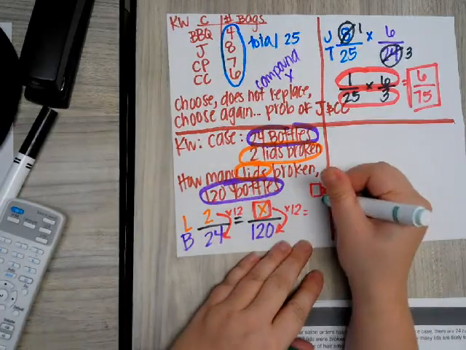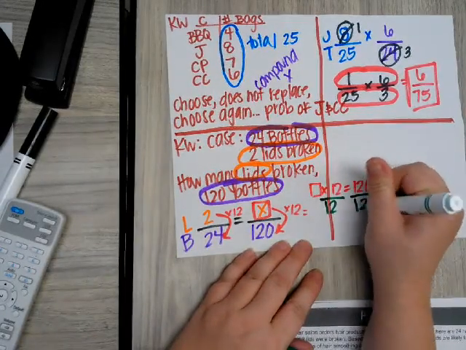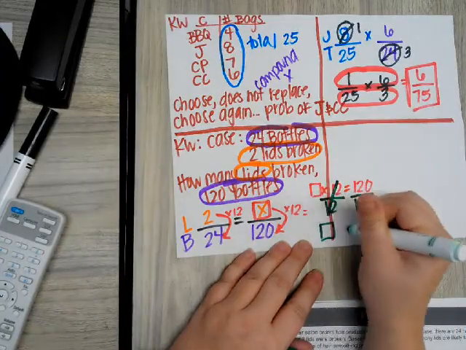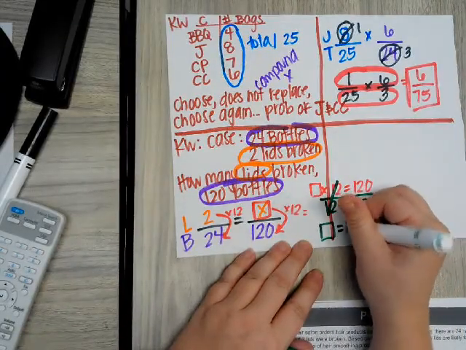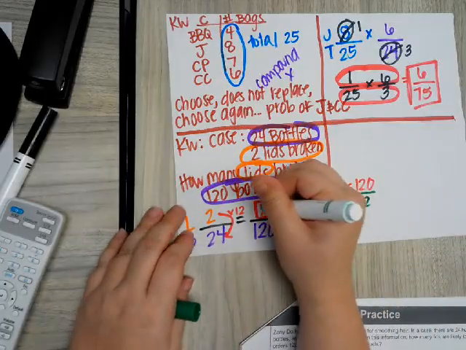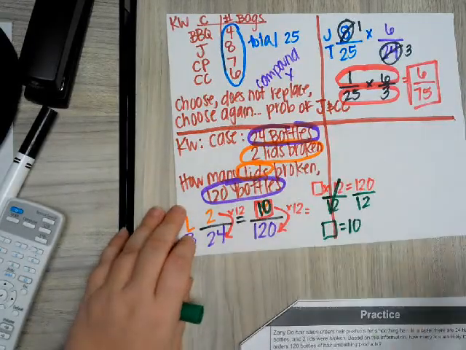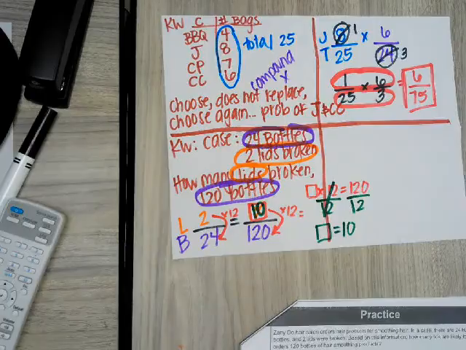Well, if I divide by 12 here and divide by 12 here, 120 divided by 12 gives me 10. So 10 broken lids are going to be out of 120.